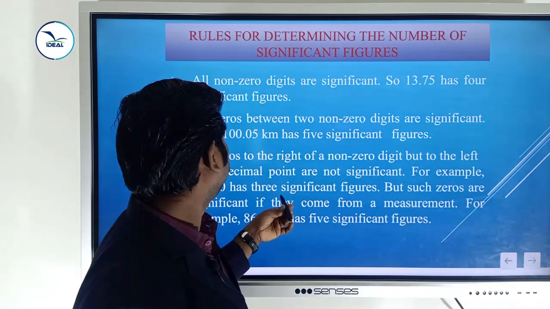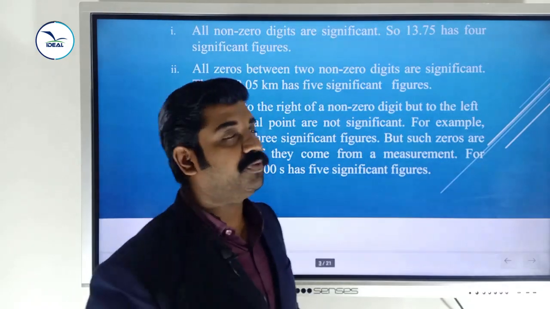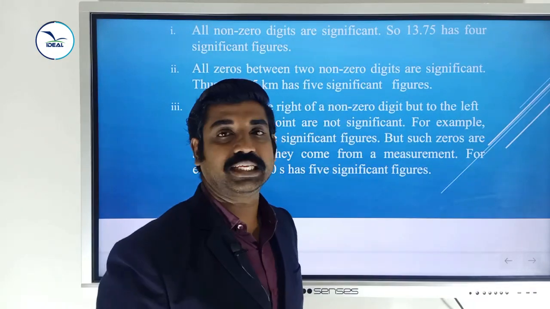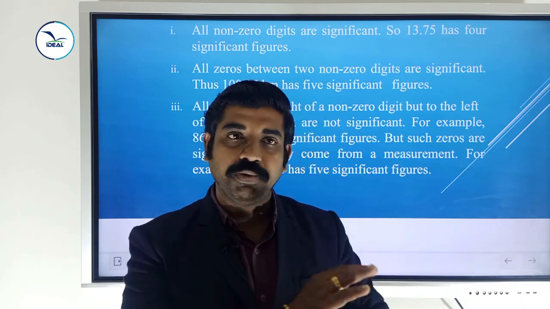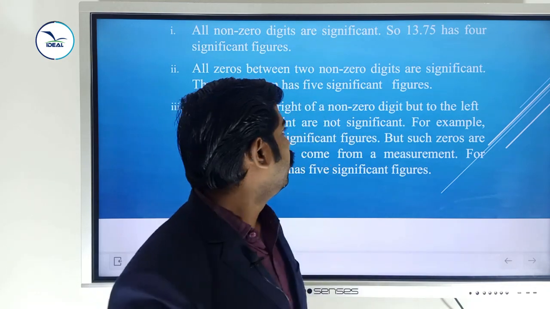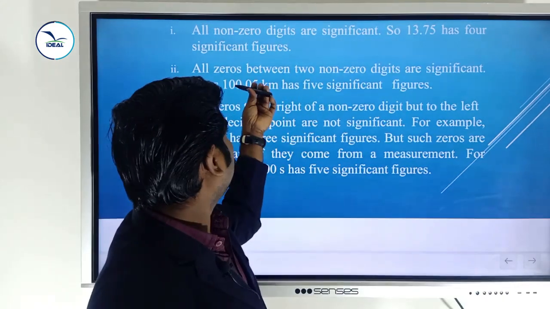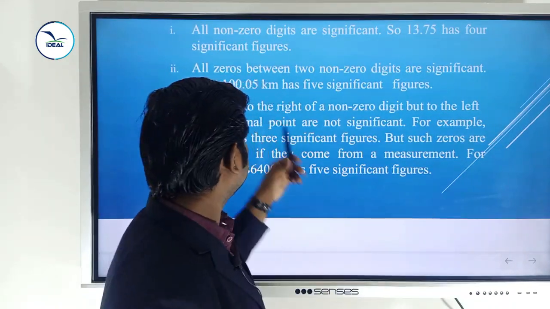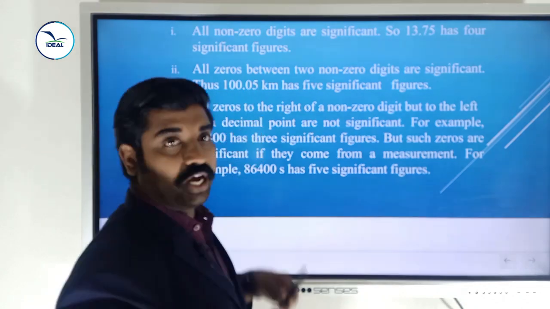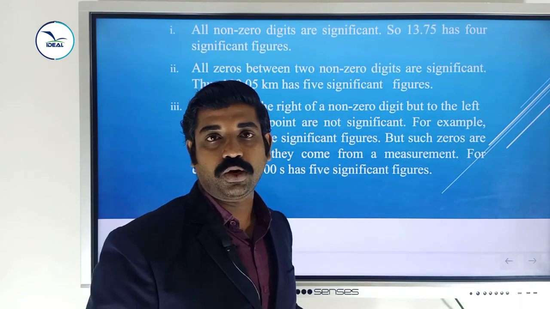And the second rule: all zeros between two non-zero digits are significant. If a zero comes between two non-zero digits, for example 100.05, the zeros are between 1 and 5, which are non-zero digits.